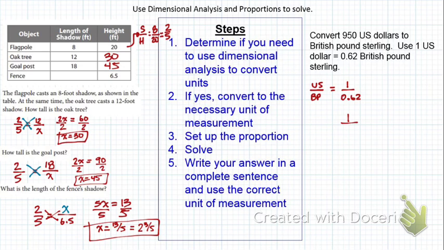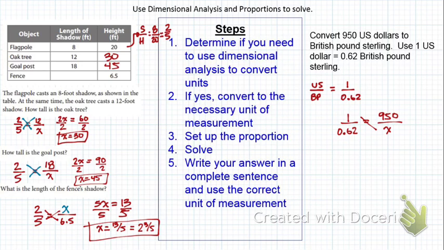We're going to use our original proportion of 1 to 0.62. The numerator is going to be US. The denominator is British pounds. Okay? And so it's asking how much is $950. Okay, so 950 is going into the numerator. The denominator we don't know.